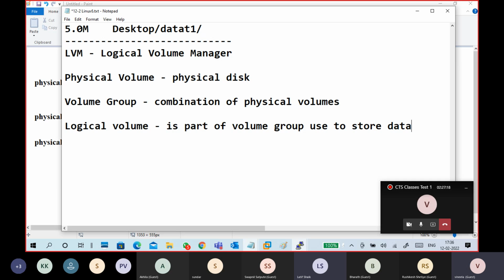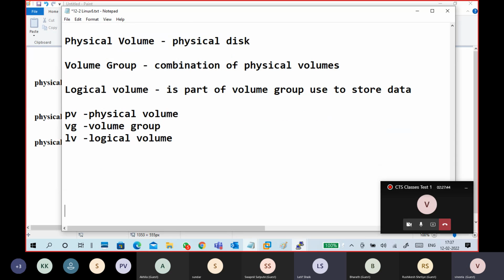Its original volume is that one only. Next, guys, PV means physical volume, VG means volume group, and LV means logical volume. All commands are very easy.